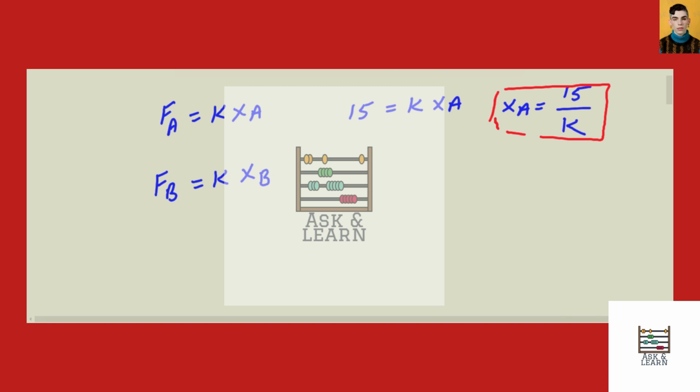For spring B, the FB force is 45 Newton, which is equal to the stiffness of the spring times the stretch in spring B. So from here, the stretch in spring B is 45, sorry, 45 divided by the stiffness.